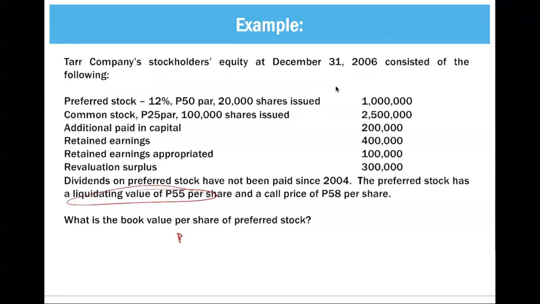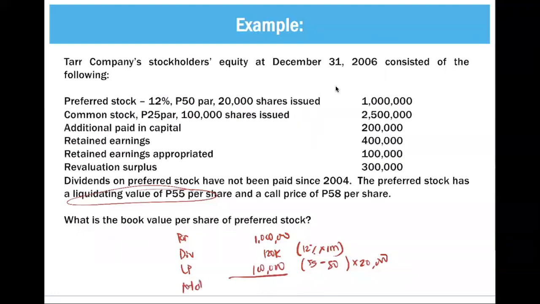So first, we get the par value of your preferred stock, 1 million. We add any dividend. So the dividend will only be 1 year. 12% times 1 million is 120,000. And we give any liquidation premium. So the liquidation premium is equal to 55, the liquidation value, less 50, the par value, times the number of shares. So 55 less 50 times 20,000, we have 100,000.